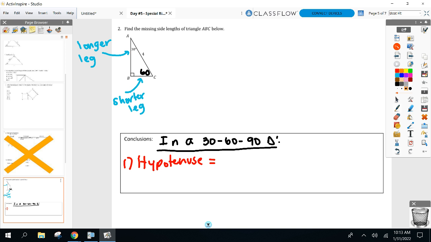Well, it's a new way you find the hypotenuse in a 30, 60, 90. It's going to be 2 times the shorter leg. So you take your shorter leg and multiply it by 2. That's how you find the hypotenuse. All good?